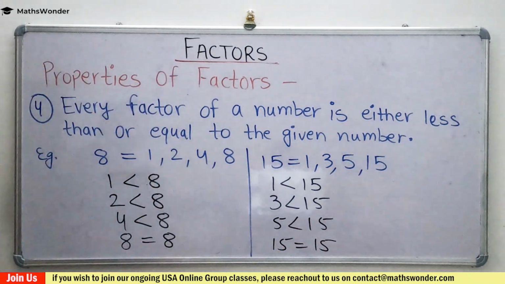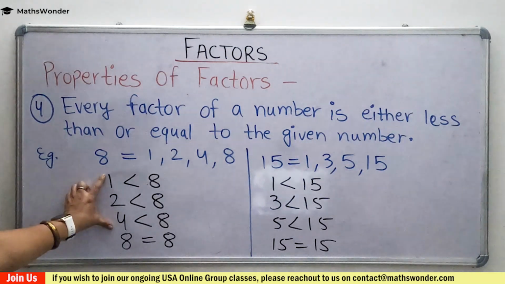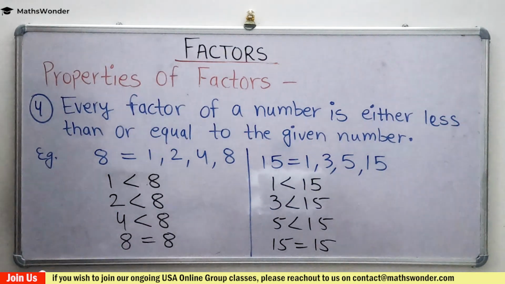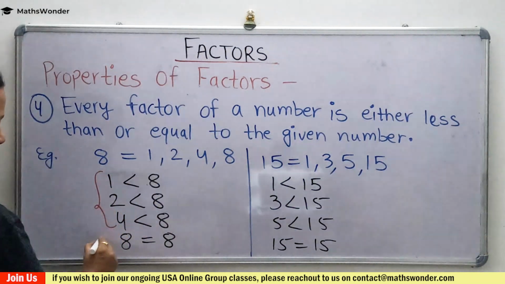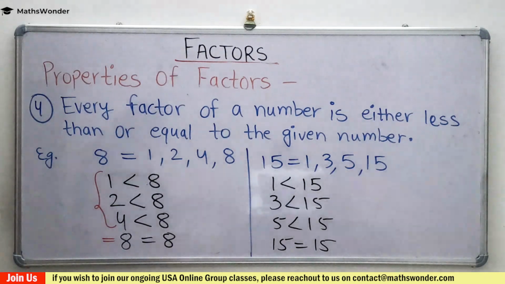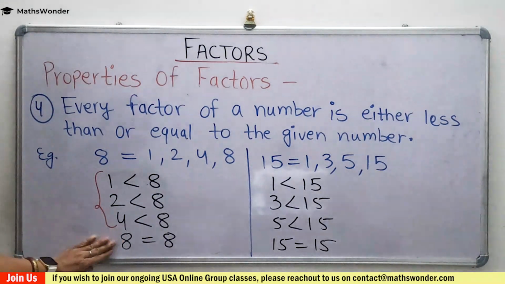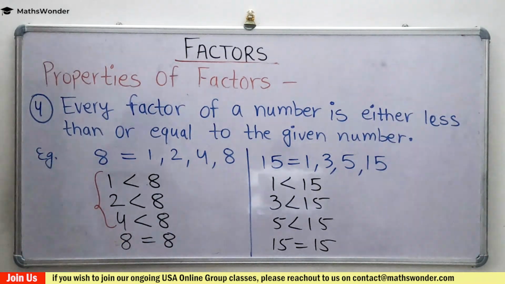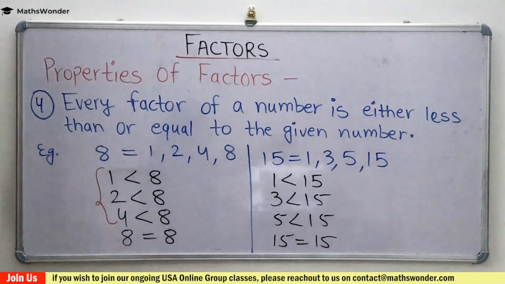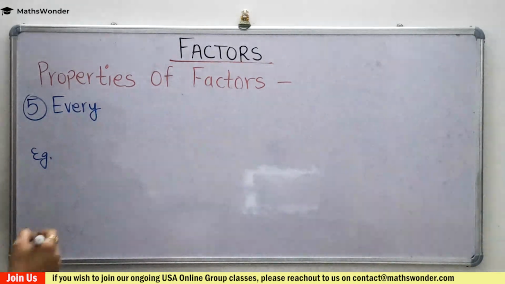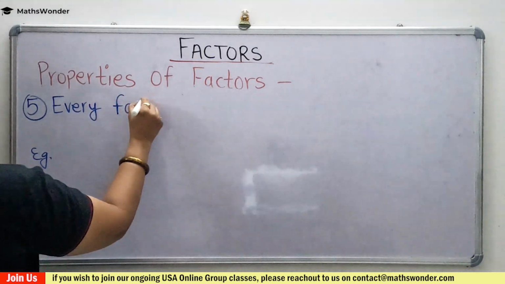So every factor of a number is either less than or equal to the given number. This is property number 4. Any confusion? No.